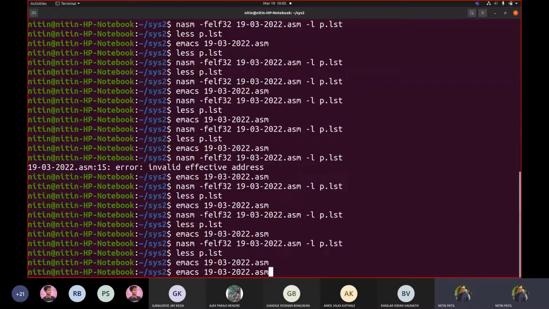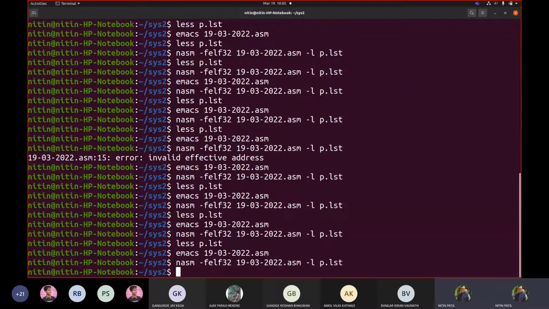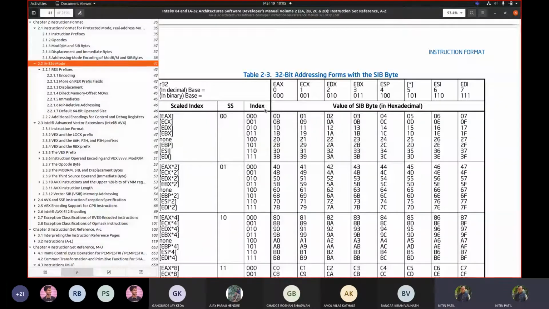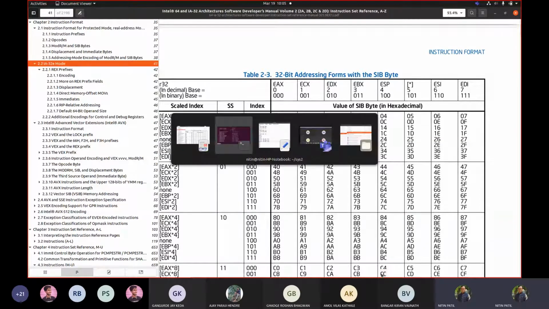So I should get that column. See, that 0 0 is not added now. 0 4, 0C, 4 4, 4C. So same column for ESP. 0 4, 0C, 4 4, 4C. So if I multiply by 4, then I should get 84, 8C. If I multiply by 8, I should get C4, CC. Let us see. Are we going to get it?